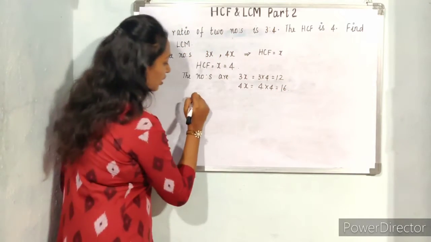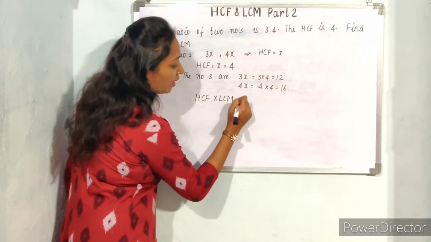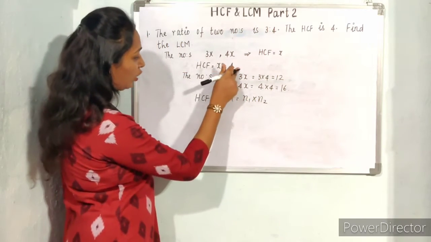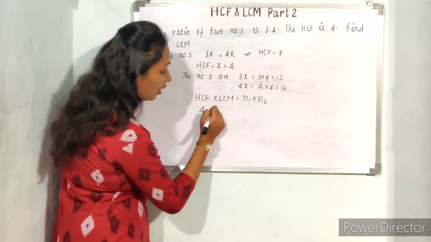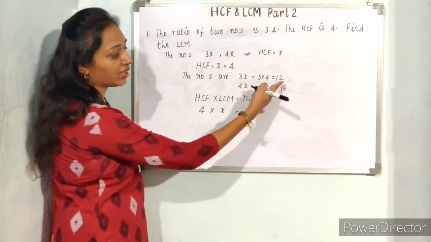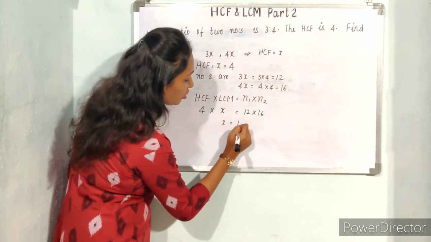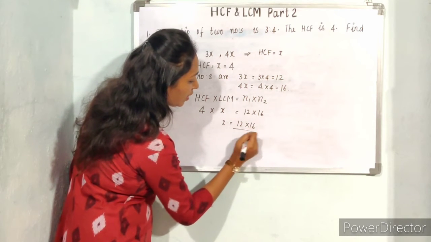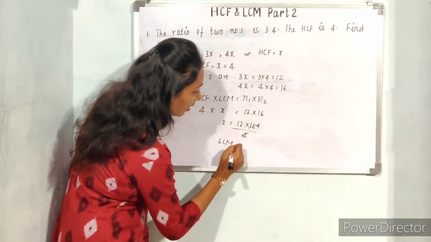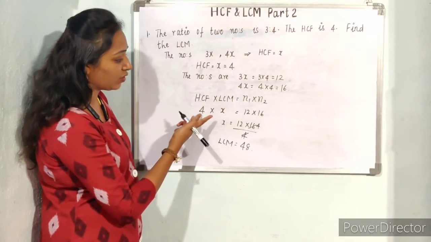We saw one formula: HCF into LCM equals number 1 into number 2, the product of the two numbers. We know the HCF is 4, the LCM we have to find, and the numbers are 12 and 16. So LCM equals 12 into 16 divided by 4. We can cut 4 times, so the LCM equals 48 and the HCF is equal to 4.